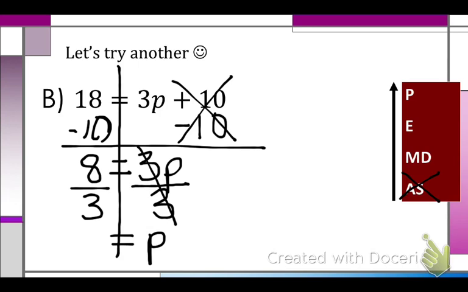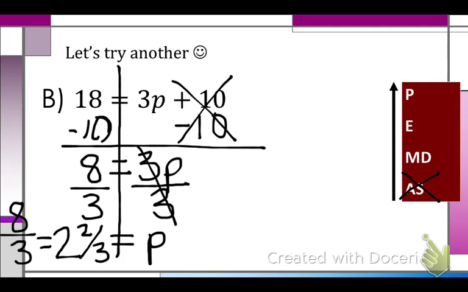Well, does 3 go into 8? No. So actually, I could simplify this fraction, right? I could simplify 8 over 3 to be 2 and 2/3. But as you get into higher levels of math, you would also be able to leave your fraction as an improper fraction.